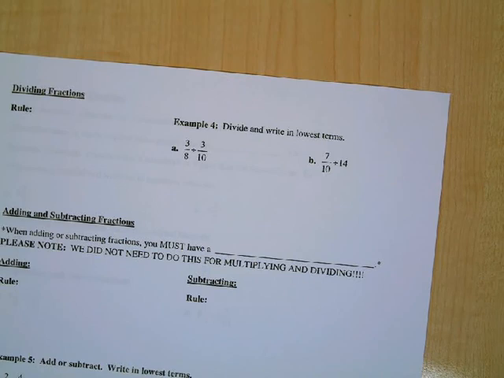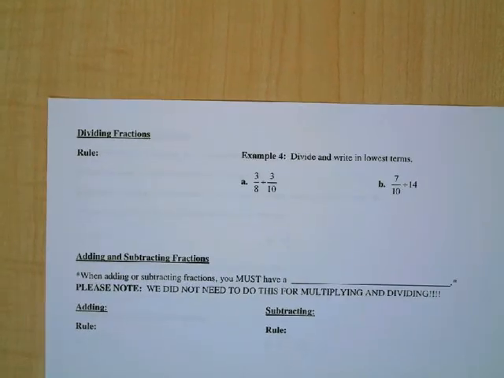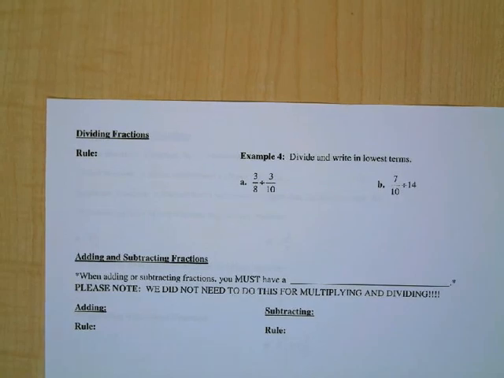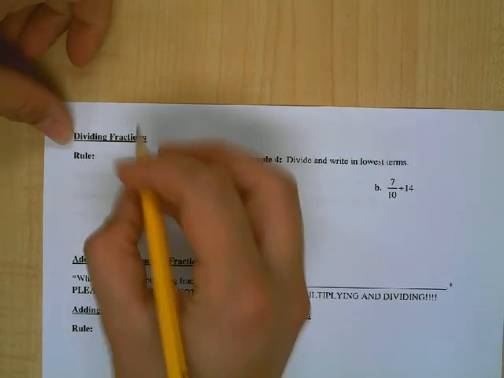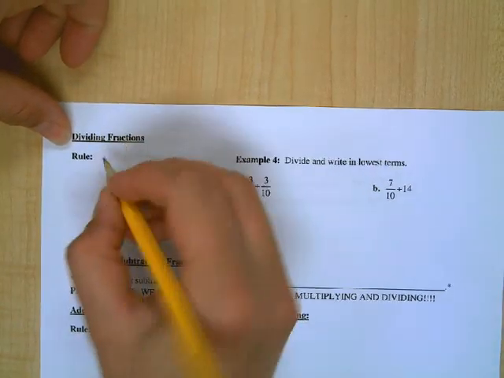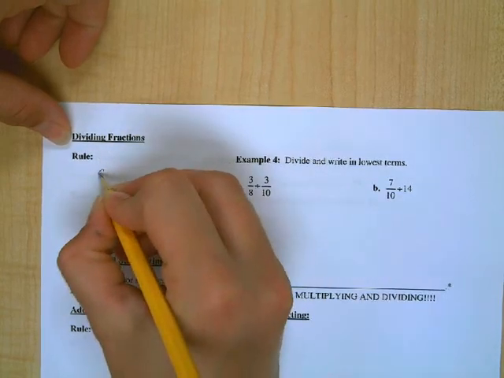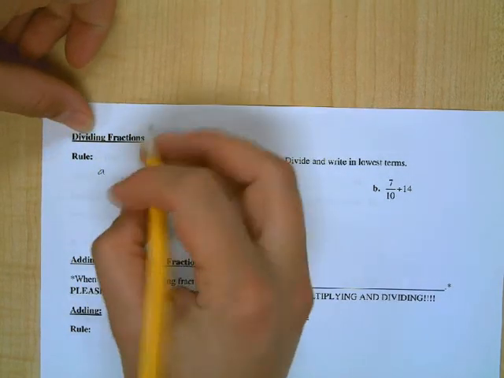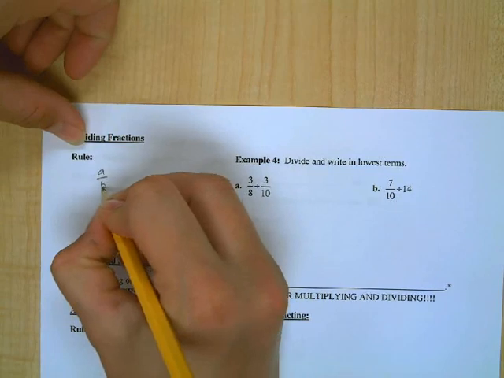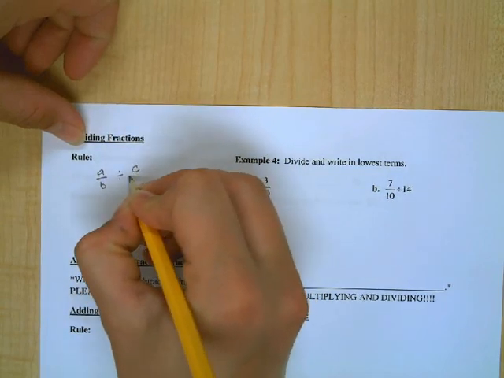So when I talk about dividing fractions, if I have something like A over B divided by C over D.